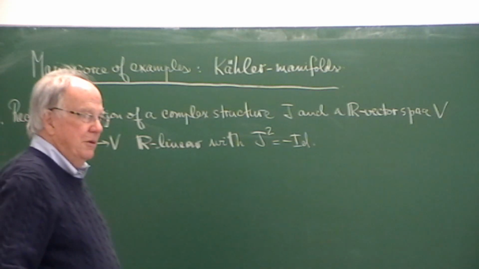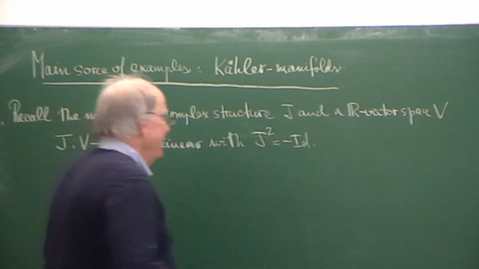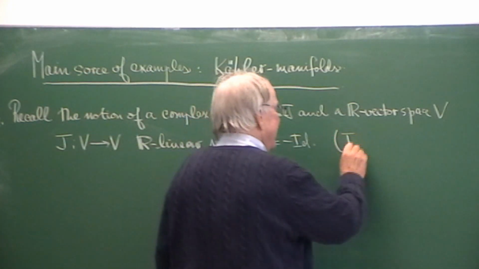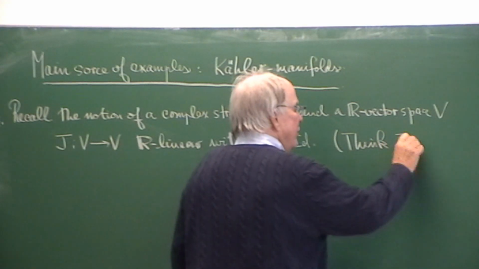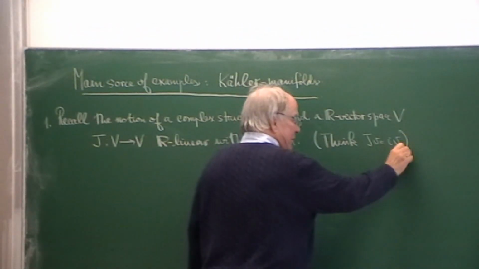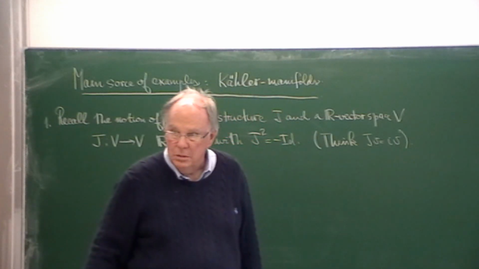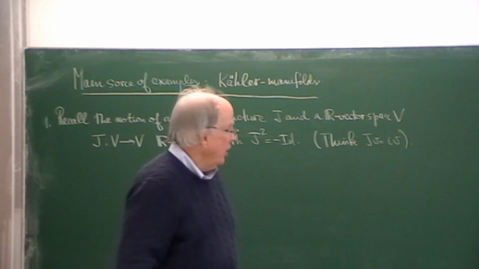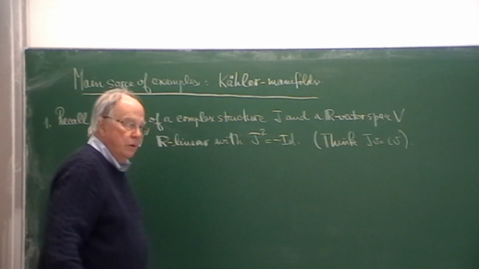And if you insist on writing the letter I, you think J of V equals I times V. But I don't. It's just an anti-involution with J squared equal minus the identity.